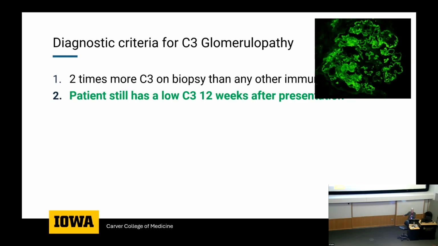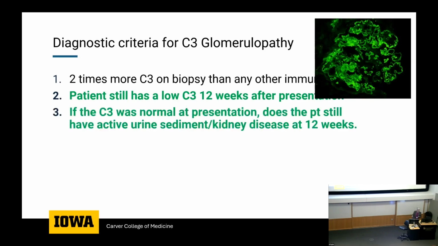Really, the point is that that's what the guideline says, but there is still some slush in being able to actually interpret that. And then finally, what about the patient that presents with a normal C3? Because they present after the 12 weeks, you don't get a chance to figure out what they had before because nobody tested it. And now you're stuck with a normal C3. So again, that's something that your nephrologist actually has to sort through.